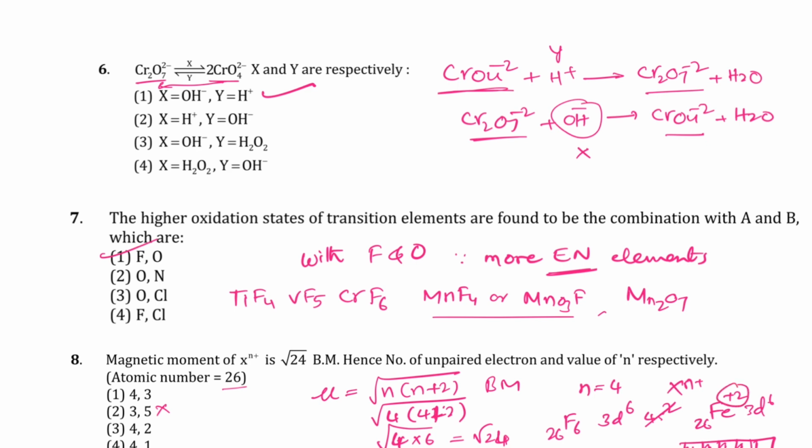So we have the number of unpaired electrons, and this plus is which one? Third option, 4 and plus 2 state. So Fe plus 2 having the 3d6 configuration has 4 unpaired electrons. So the eighth question answer is the third option.